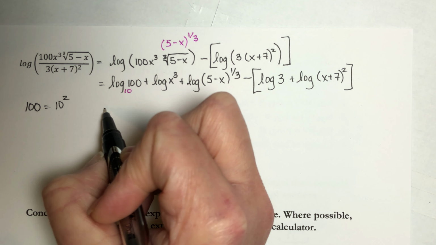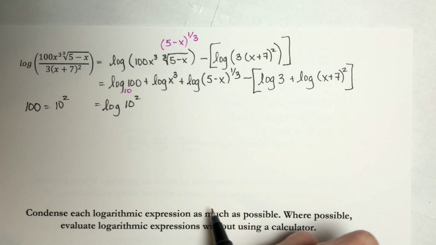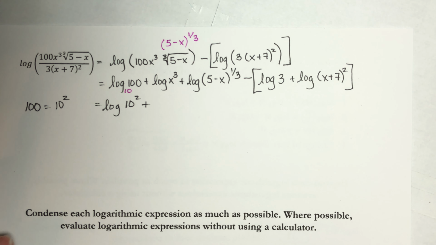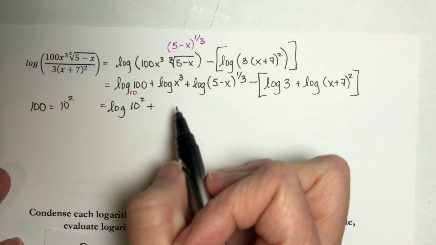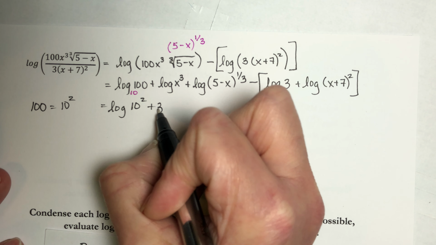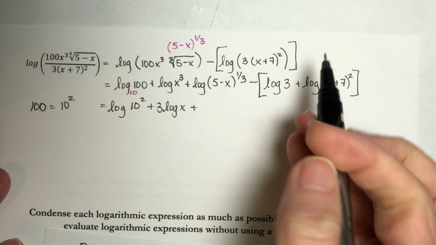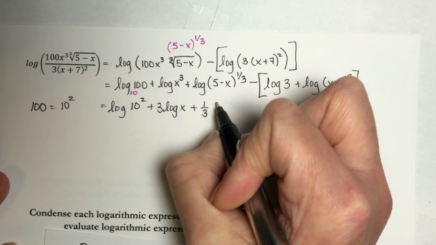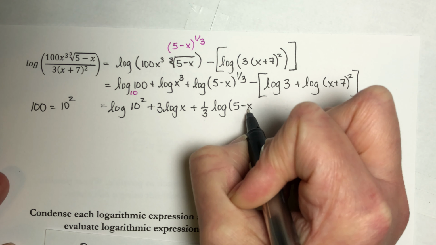So this is log of 10 squared, okay, plus, here I have an exponent, and I can't simplify it completely away, so you can take this 3 and move it down in the front, so I have 3 log of x, plus, again, take this exponent, move it down in the front, 1/3 log of 5 minus x, don't lose your parentheses.